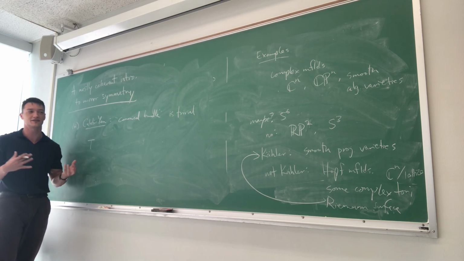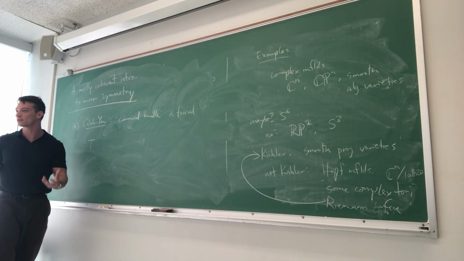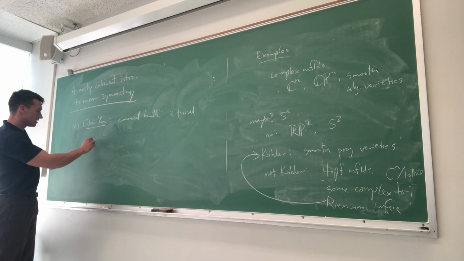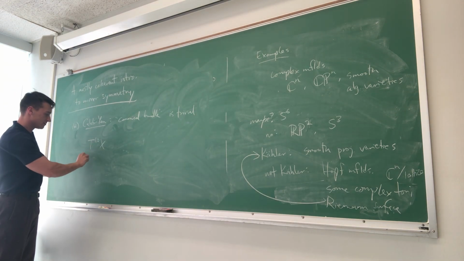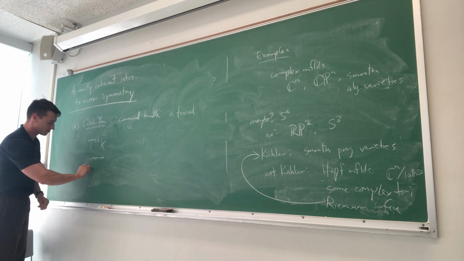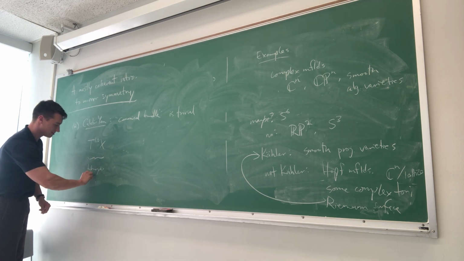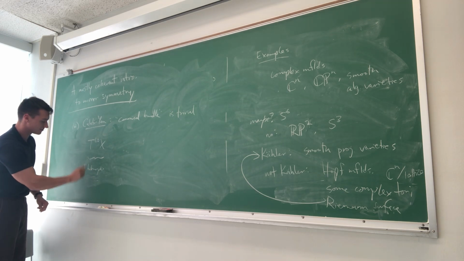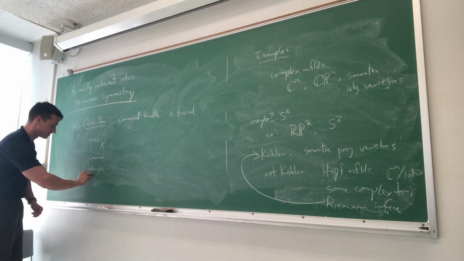The complex structure gives us a way of saying which functions are holomorphic or not. So by this we mean the holomorphic one-forms. Or not the one-forms, those are the sections. This is the holomorphic tangent bundle.